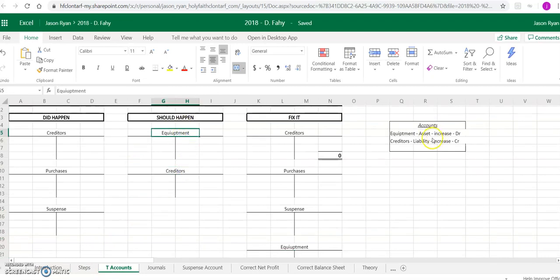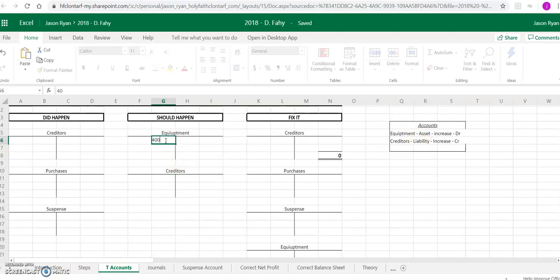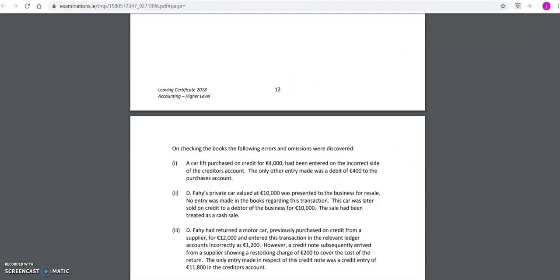So your equipment is an asset, so we're going to stick it on the debit side. And your creditors is a liability, so you're going to put it on the credit side. So what should have happened is in your equipment account should be 4,000 on the debit side, and your creditors account should be 4,000 on the creditor's side.